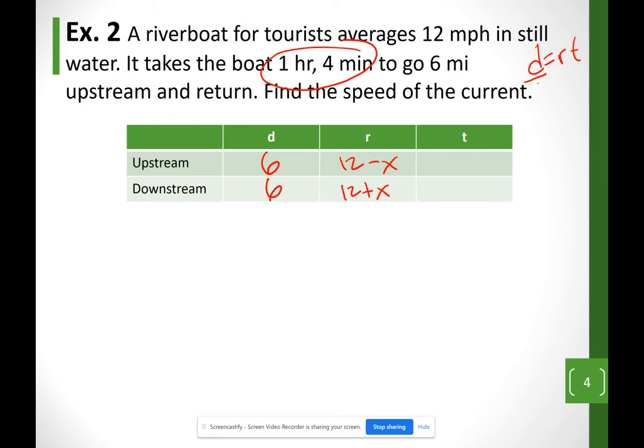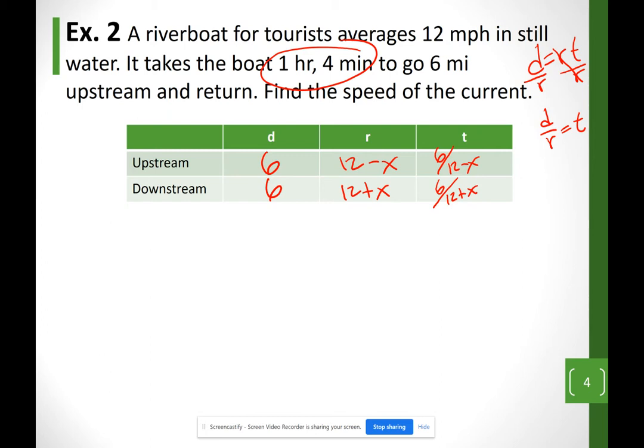If I was to divide both sides by r, that's what we practiced in previous chapters, how to solve for letters. D over r, distance divided by rate, is the time. So for me to figure out the time, I'm going to go d over r. So I'm just going to say 6 over 12 minus x, and then 6 over 12 plus x.